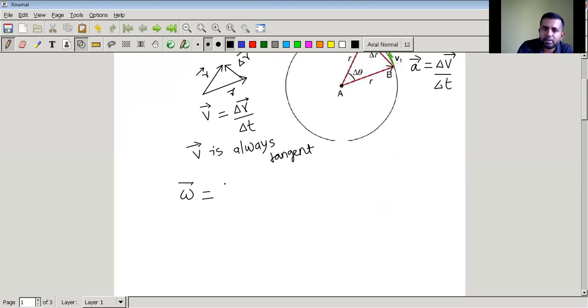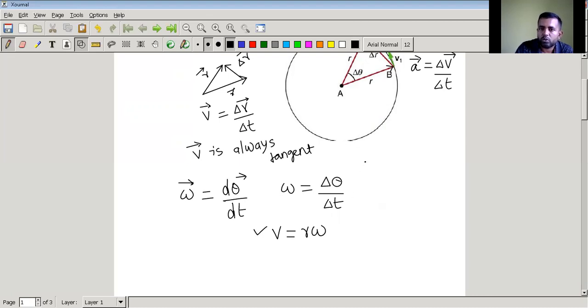Angular velocity is defined as change in angle by time, just like linear velocity is dx by dt. So omega is change in angle by change in time. Then the tangential velocity is related to omega by v equal to r omega. This is one important equation.